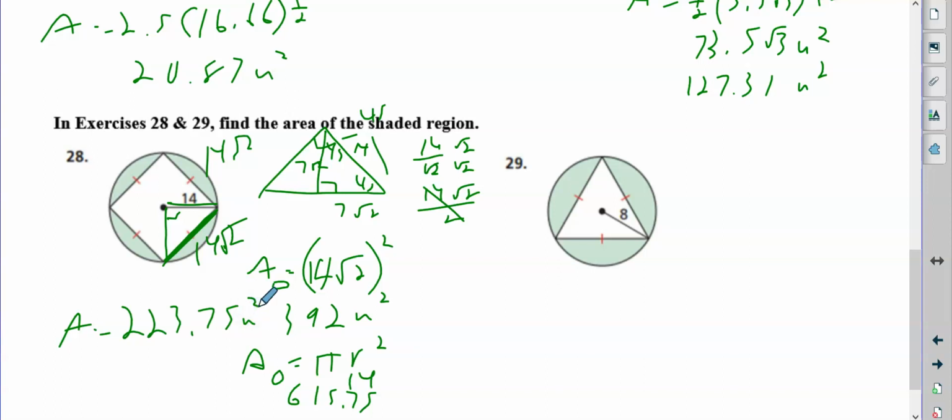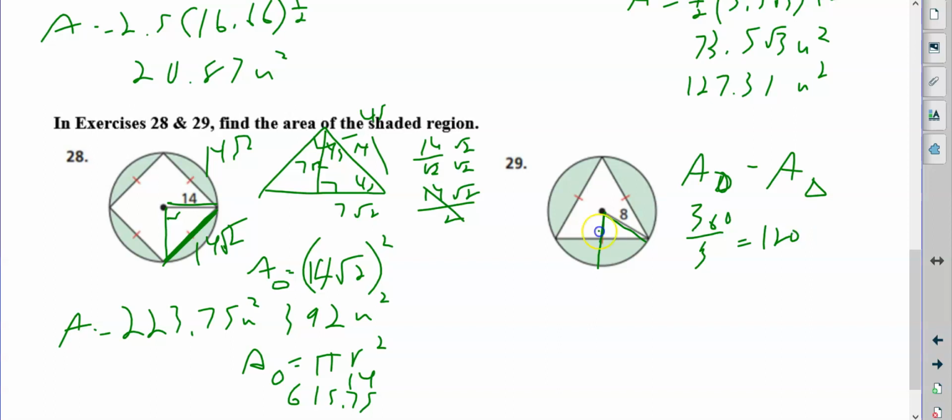Same idea here. Area of the circle minus the area of the triangle. Okay, so again, we're going to do this. Right there we have a central angle. So 360 divided by 3 equals 120.